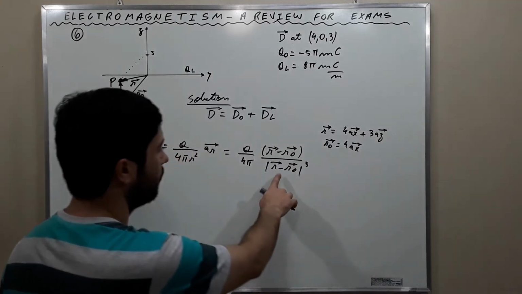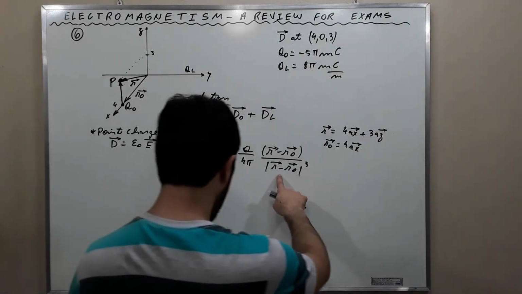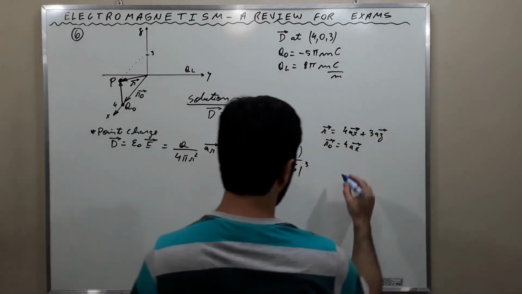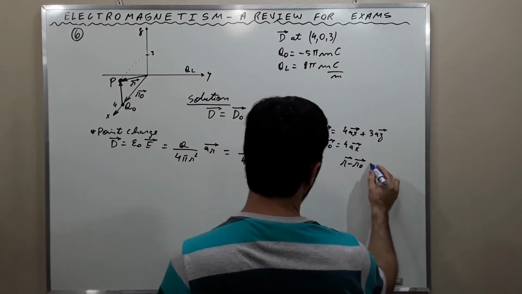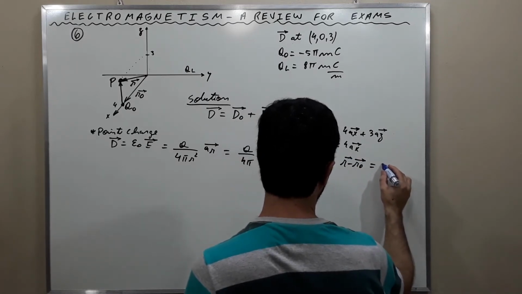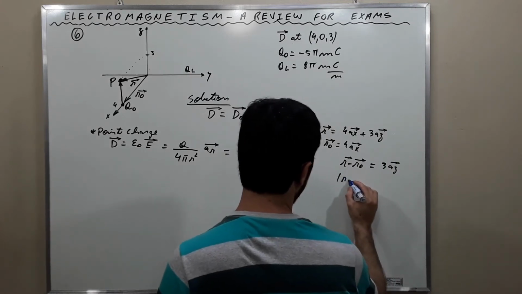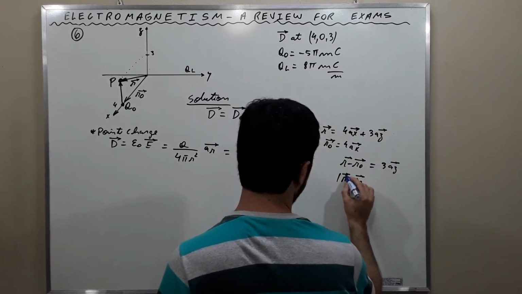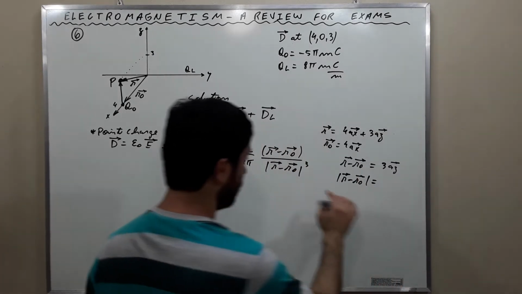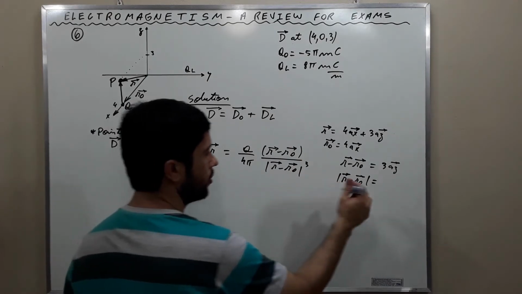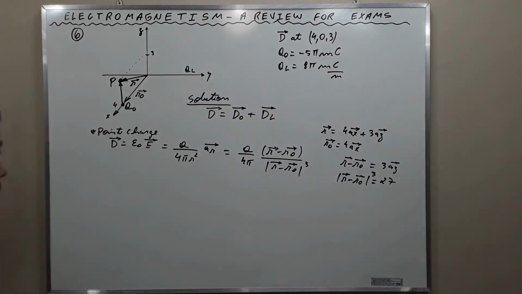And this vector here that represents r minus r0 is equal to 3 in the az direction, and its magnitude cubed is 27. Okay?